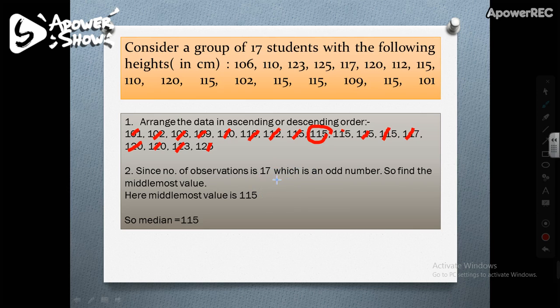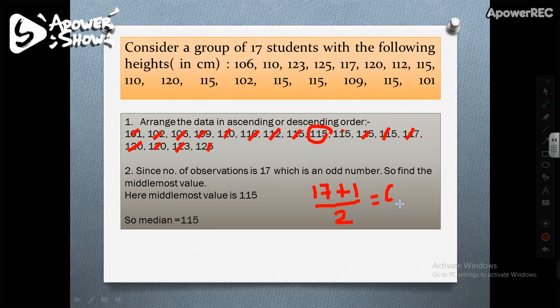The number of observations is 17, so just add 1 to 17. So 17 plus 1, and then divide the result by 2. So 17 plus 1 is 18, and 18 divided by 2 is 9.